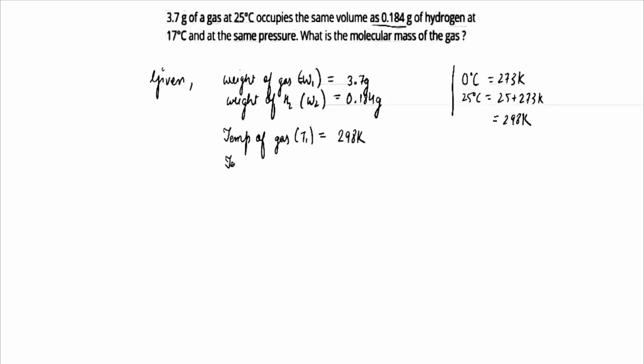The temperature of hydrogen gas, which we take as T2, is given as 17 degrees Celsius, which is 290 Kelvin. And we know that the molecular weight of hydrogen is 2, and we have to calculate the molecular weight of the gas, which is not known.